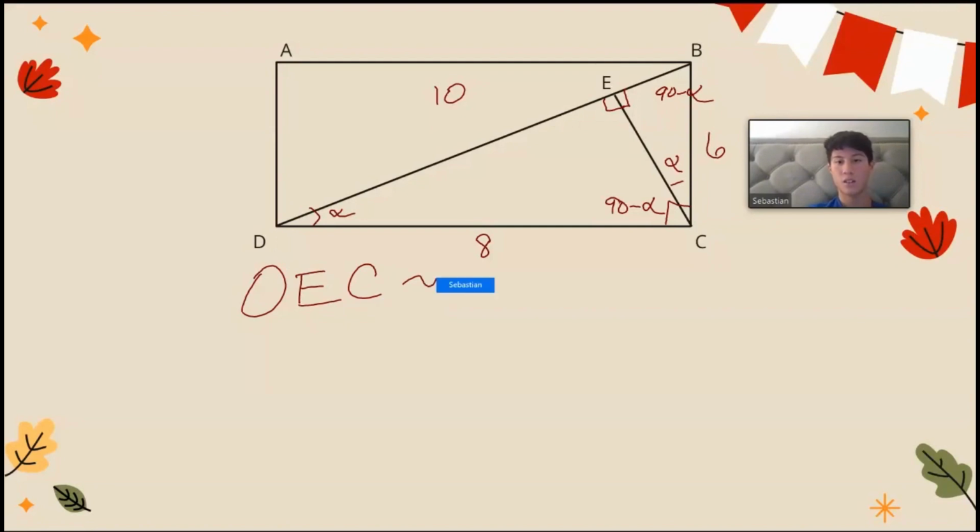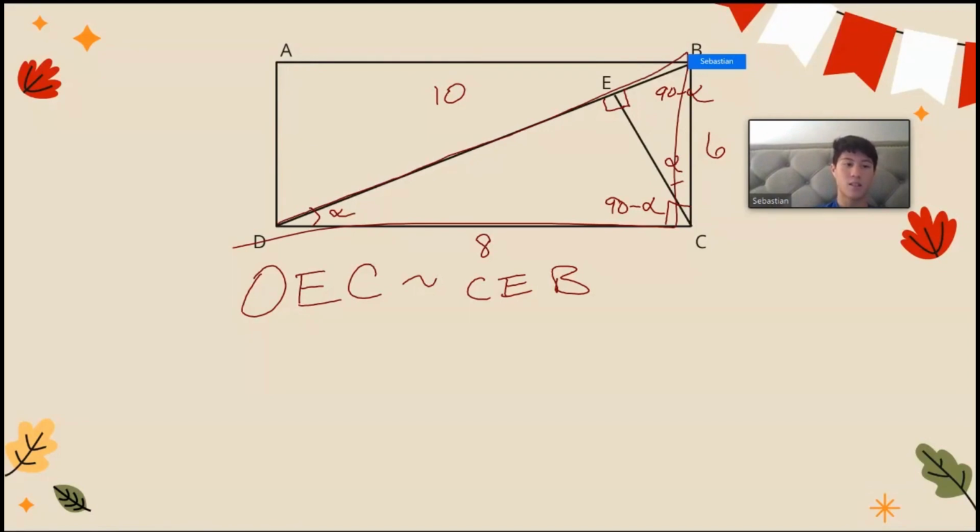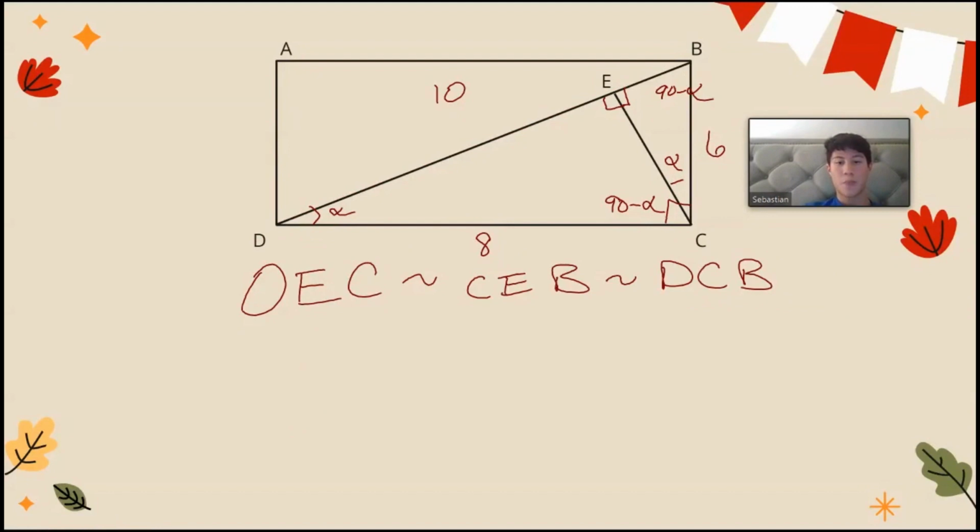And triangle CEB is similar to triangle DEC because both angles D and C have an angle measure of alpha, E and E have an angle measure of 90, and C and B both have 90 minus alpha. But don't forget that this giant triangle right here also has those angles. So these two triangles are similar to triangle ECB. So let's start setting up some ratios.